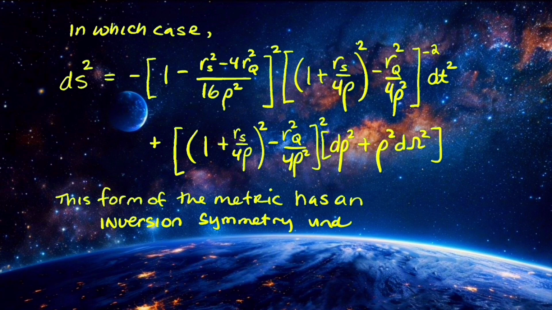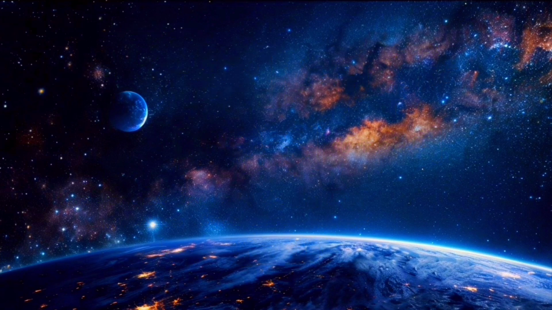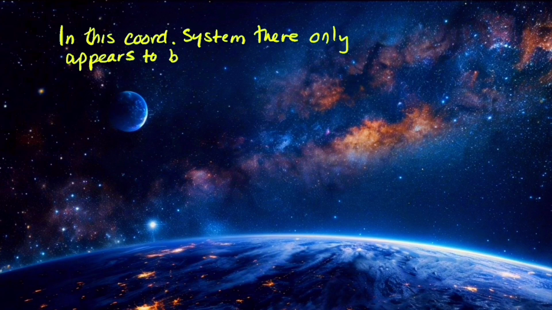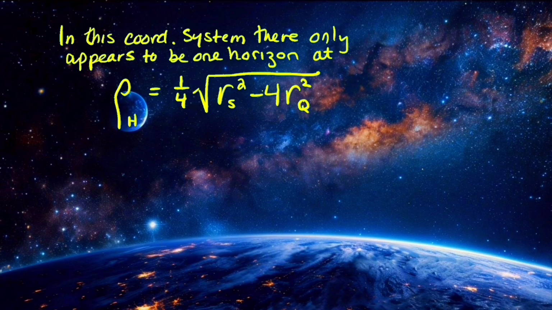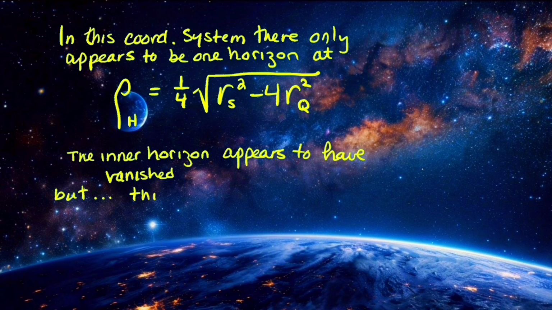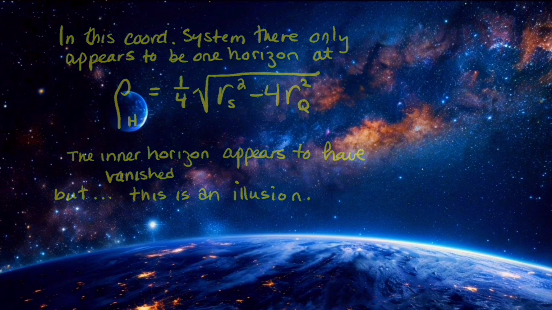We see this form of the metric has an inversion symmetry under this condition. And in this coordinate system, there appears only to be one horizon at rho sub h, given by this expression. Thusly, the inner horizon has appeared to vanish. But this is an illusion.